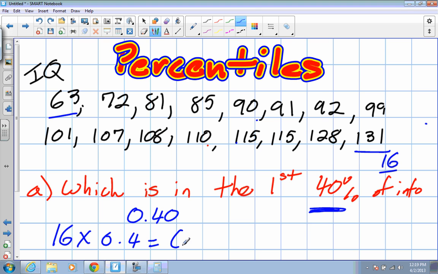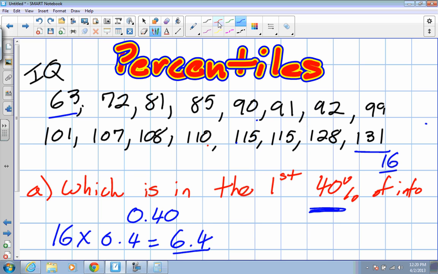Okay, 6.4. Well, when I count through the data, 1, 2, 3, 4, 5, 6.4, there is no number there. So what we're going to do is round our value here. This is 6.4.